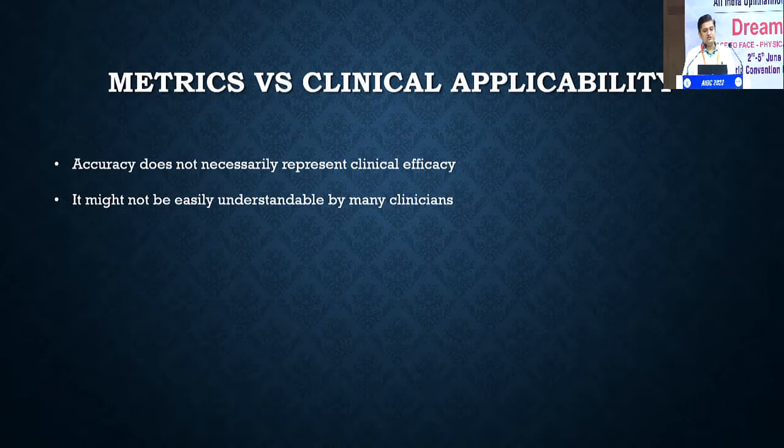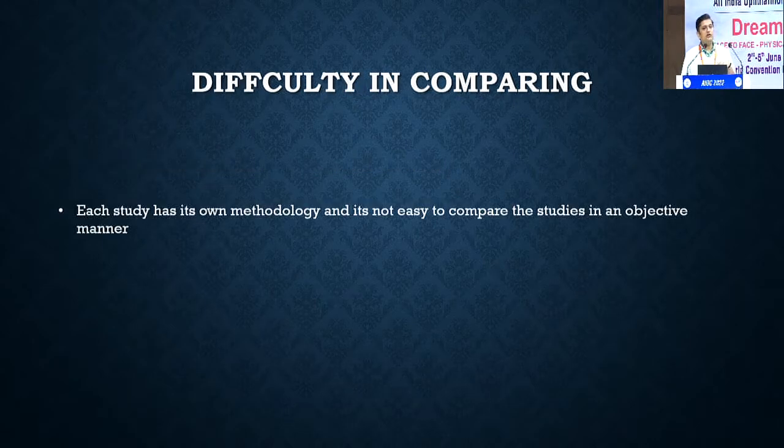Accuracy never means equivalent to clinical efficacy. What is accuracy? What you have fed, the marks are going to be given with that only. So accuracy can never be equivalent to clinical efficacy. Then you cannot compare.